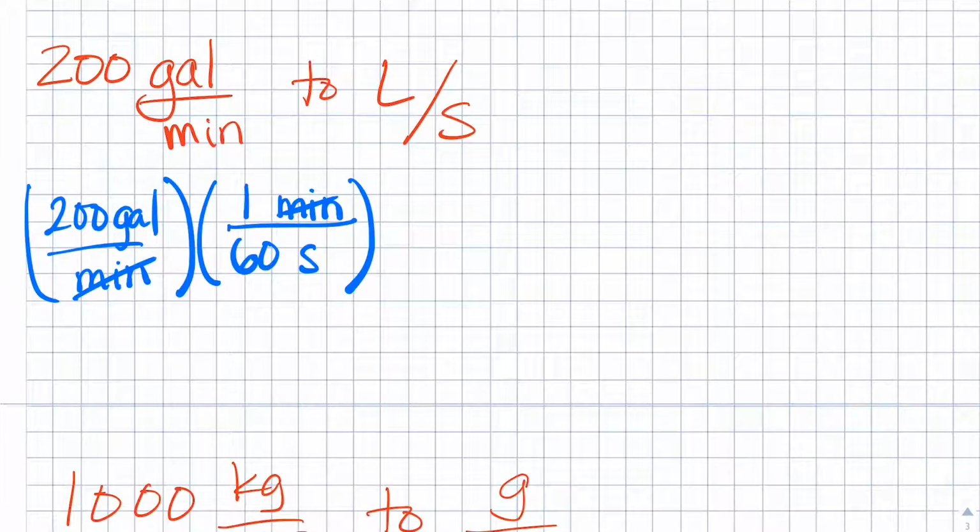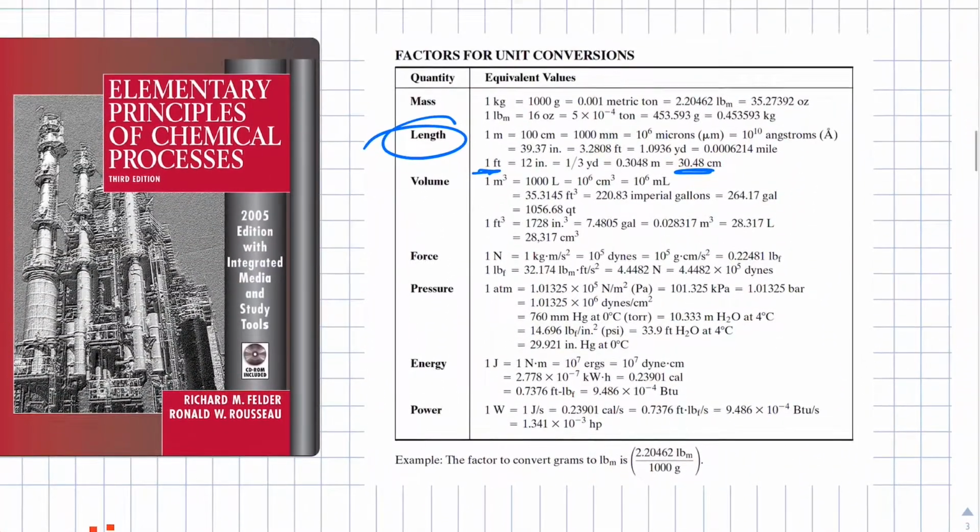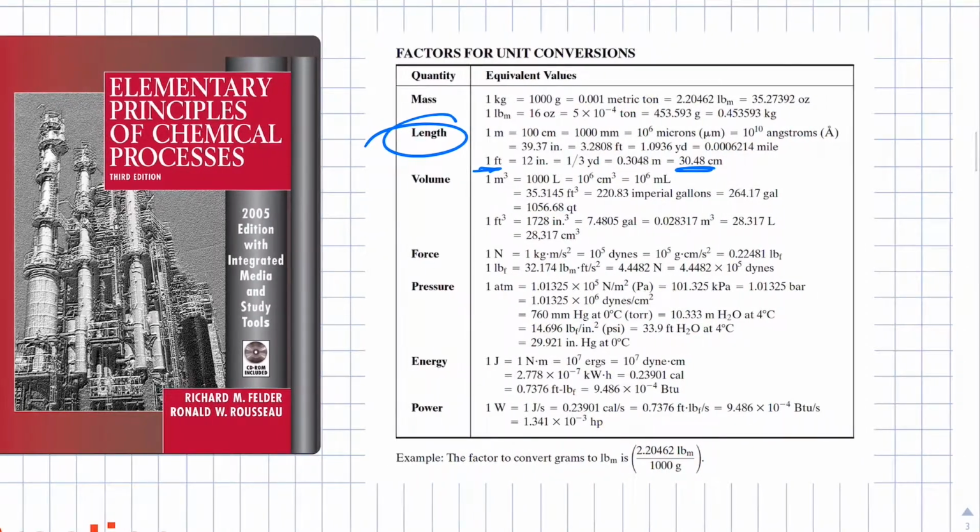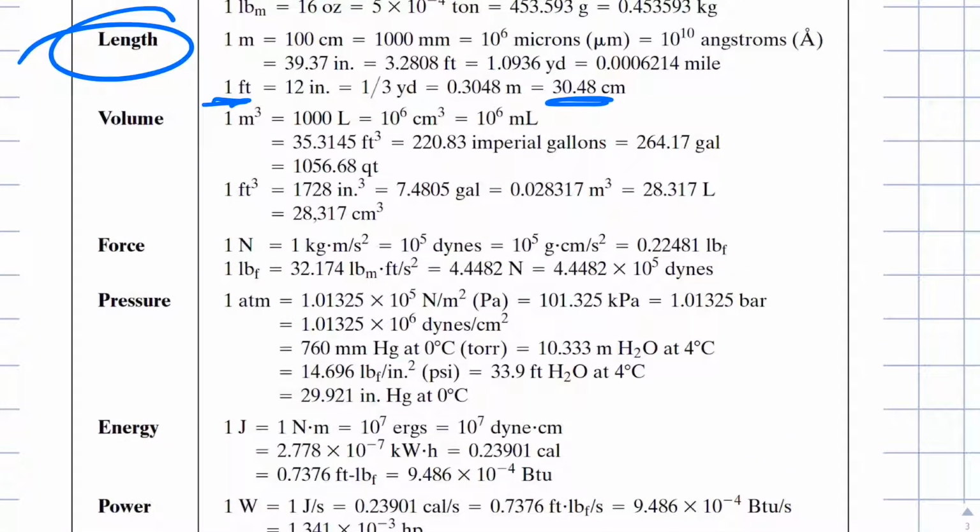Looking here, now we have to convert gallons into liters. That's our goal. So let's look at our conversion table for this. If I come back here and look at volume, I can see how these are all equal to each other. So I know that this and this are equal. They all have equal signs in between them.